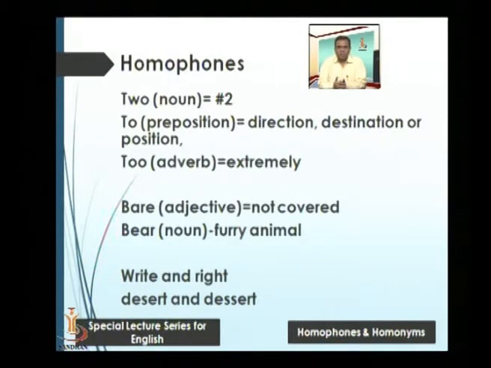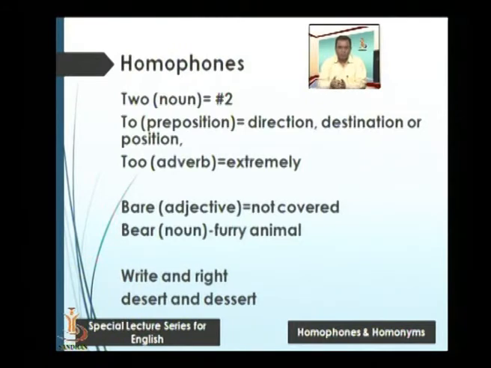It shows direction. I am going to the market. So when we use this to as a preposition, we are showing direction, that somebody, myself, is going towards the market. So it shows direction, destination, or position.